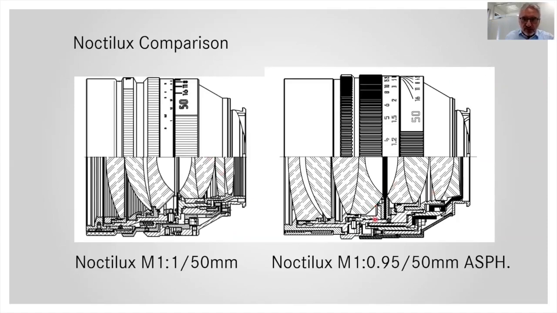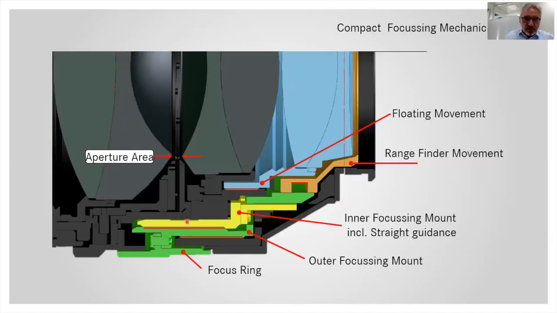Much more mechanics we had to implement, because focusing controls not only the connection between lens adjustment and rangefinder, but also the floating element movement. So we have 3 lens barrels and focusing mounts connected together, and this needs very, very high precision.